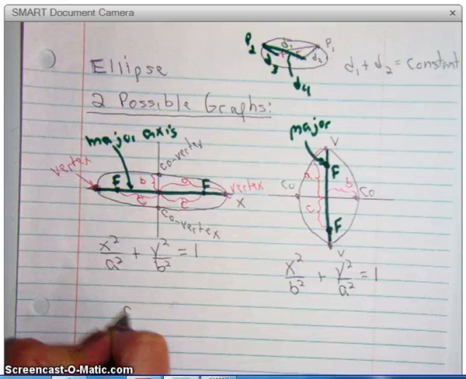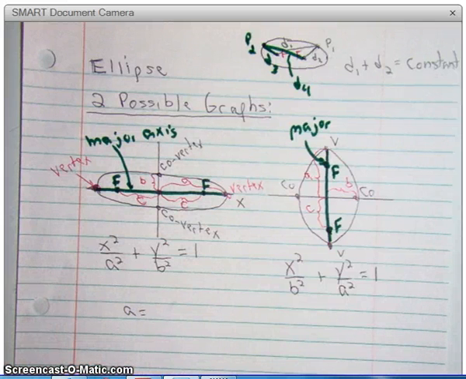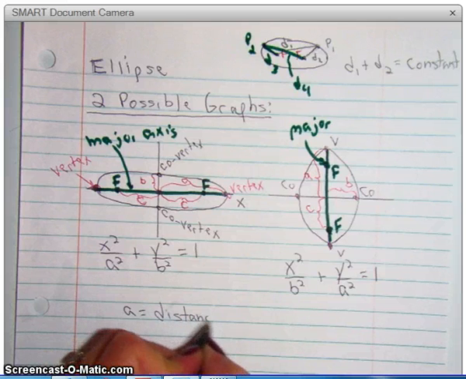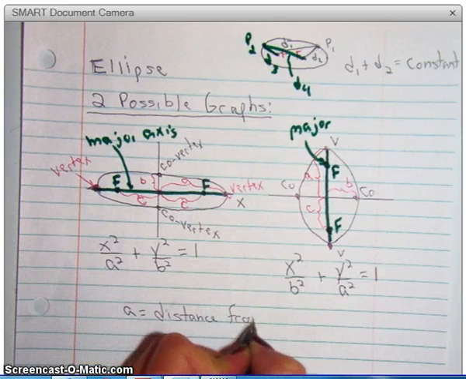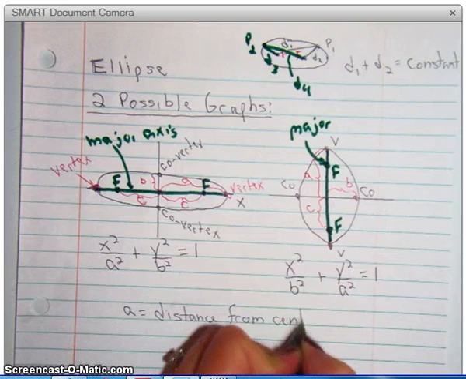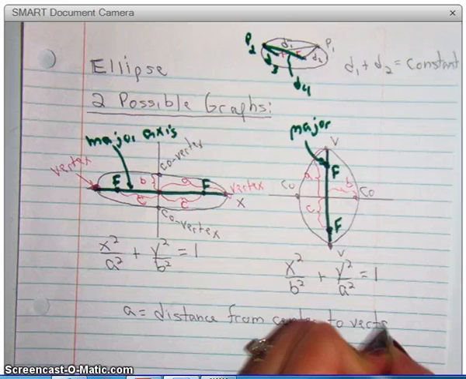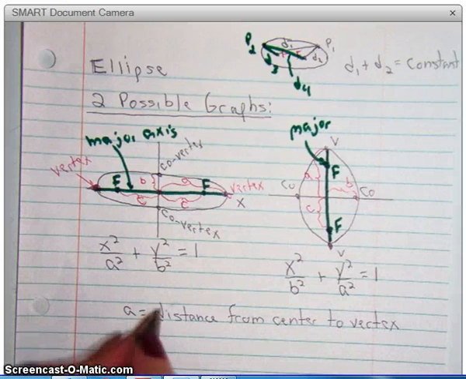What is the distance from center to vertex on the major axis?